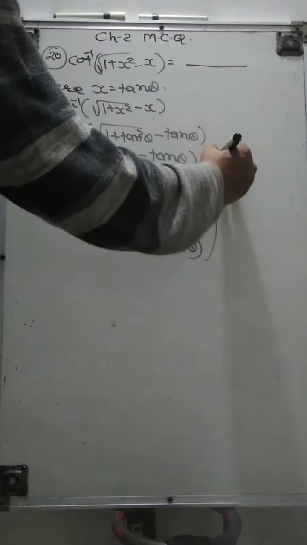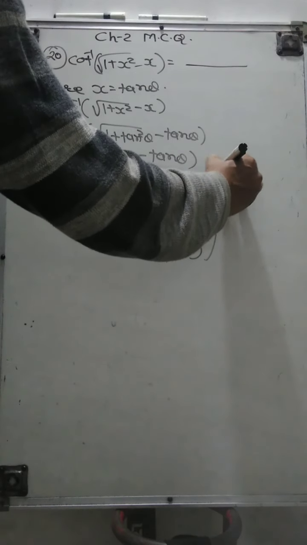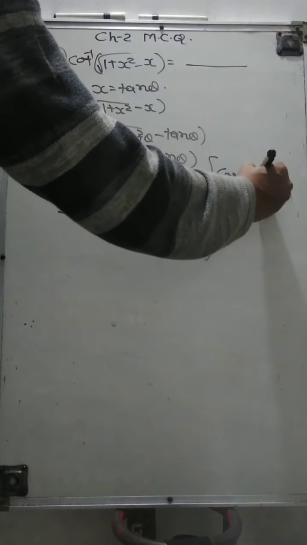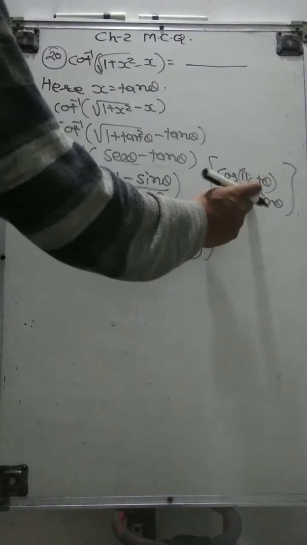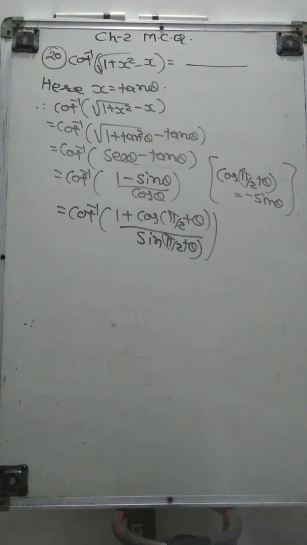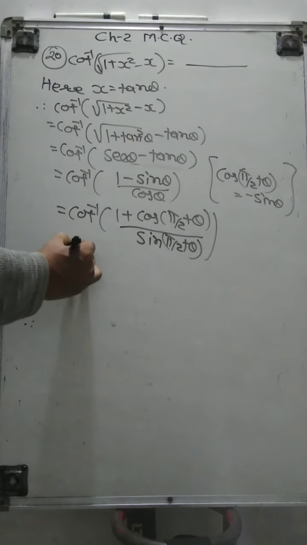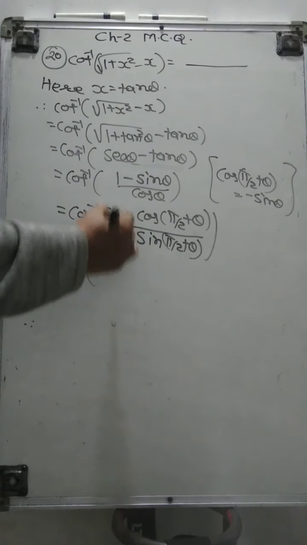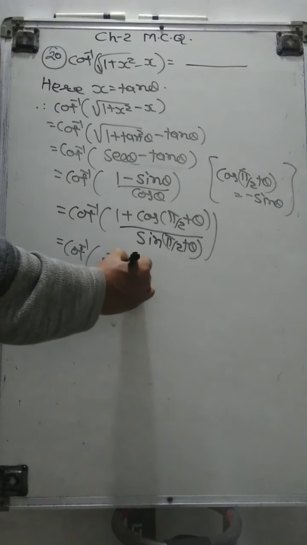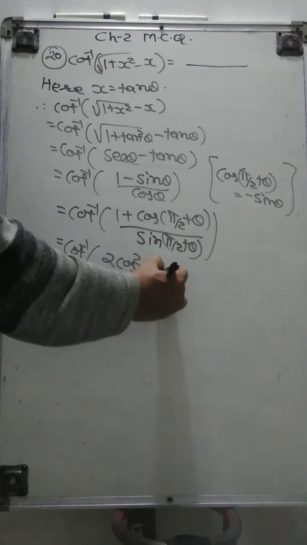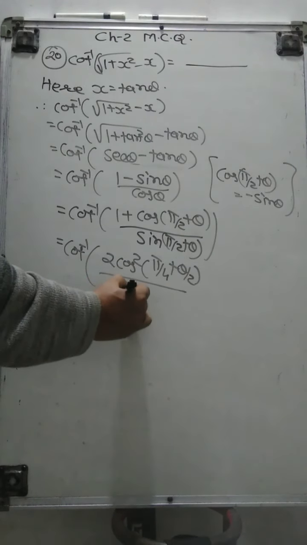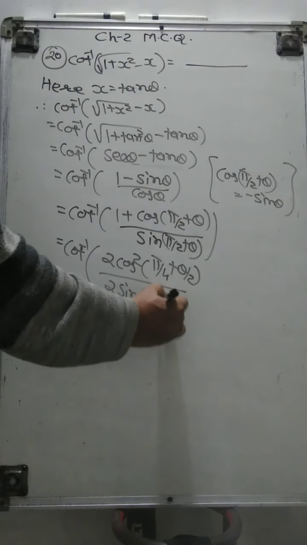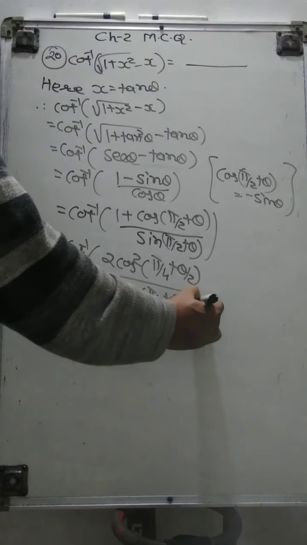Here one thing you remember that cos of pi by 2 plus theta is minus sin theta. Therefore at the place of minus sin theta, we put cos pi by 2 plus theta. Now we take cot inverse, 1 plus cos is 2 cos square angle half upon 2 sin angle half cos angle half.